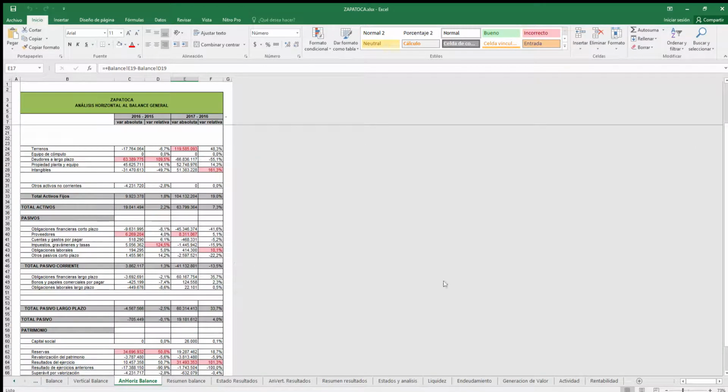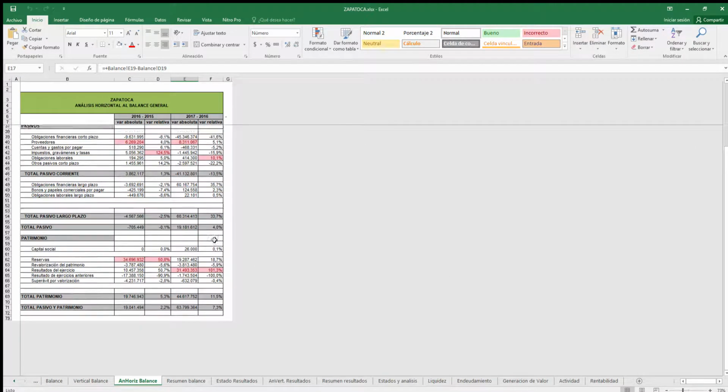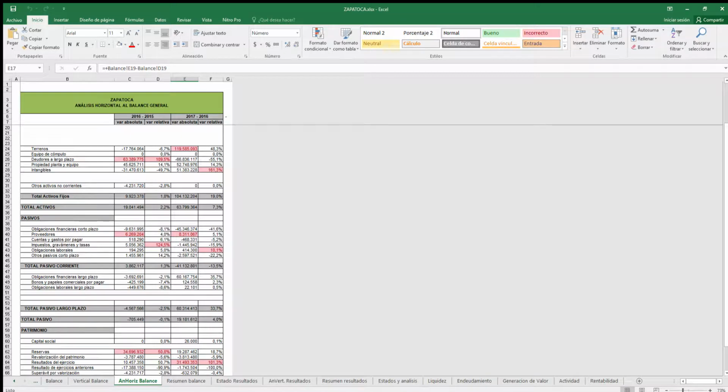Now we are going to proceed with the horizontal analysis. The horizontal analysis, as you know, determines what was the growth or decrease of an account in a given period.